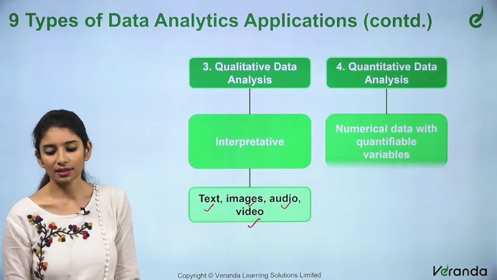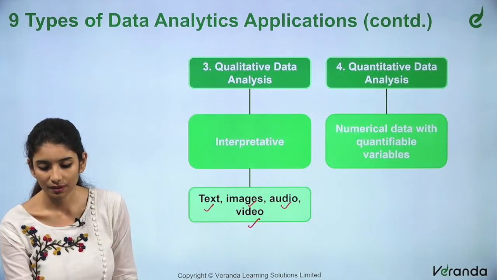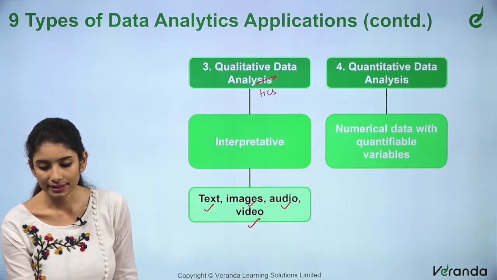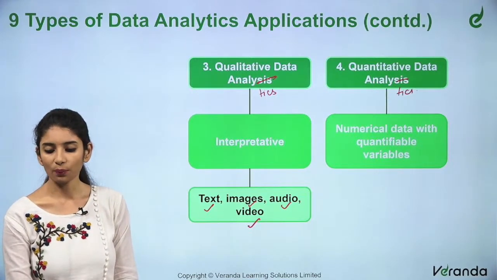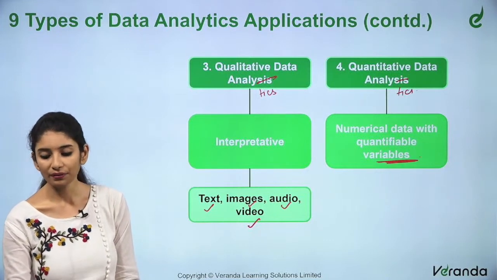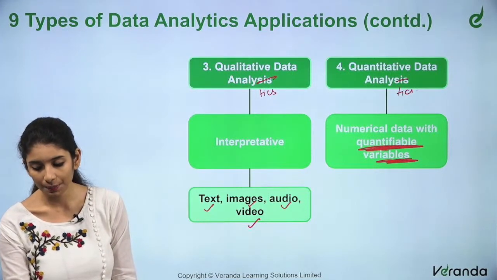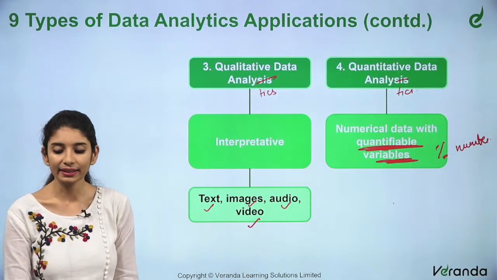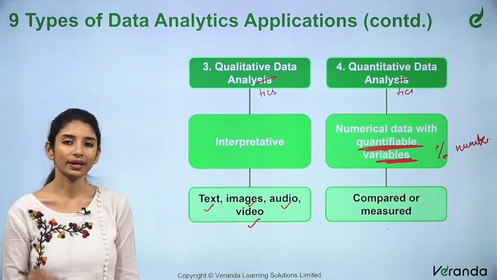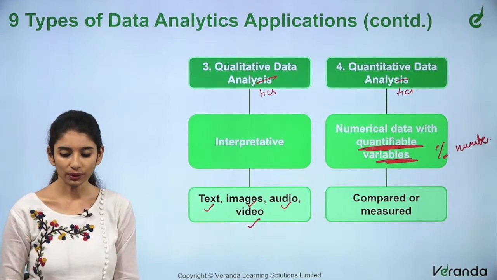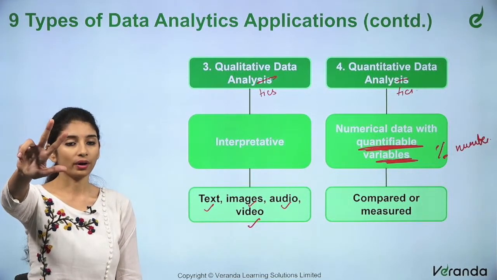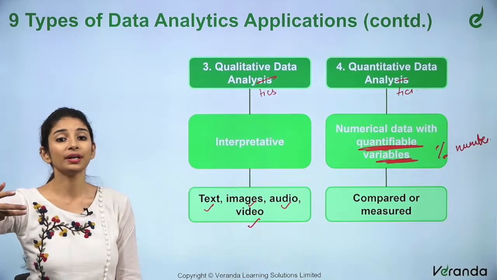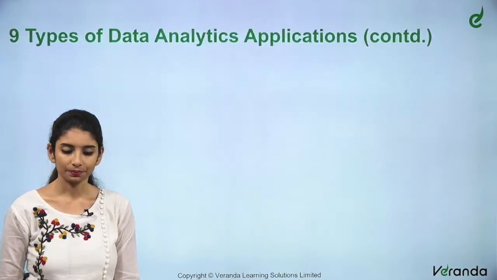Quantitative data analytics deals with numerical data with quantifiable variables. When you have numbers, quantifiable data, percentages, it is known as quantitative data analytics. It can be compared or measured with other data. So, clear about exploratory, confirmatory, quantitative and qualitative. Qualitative is interpretative.